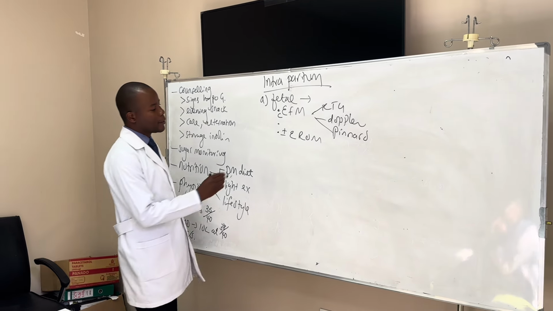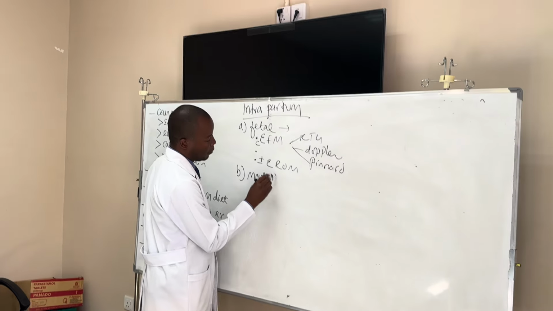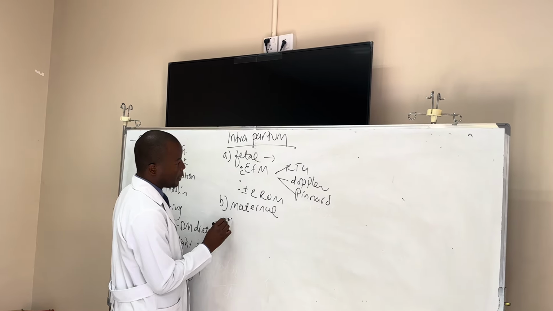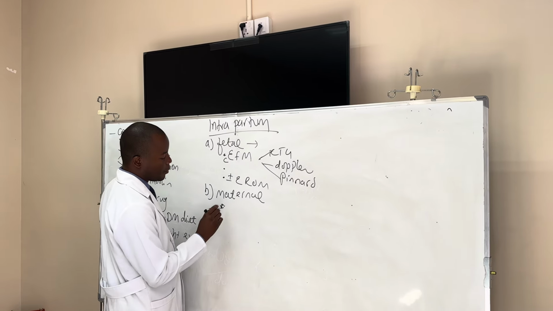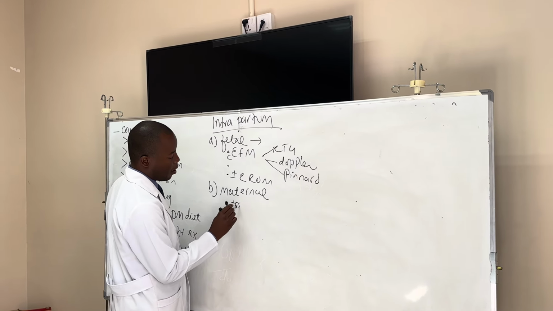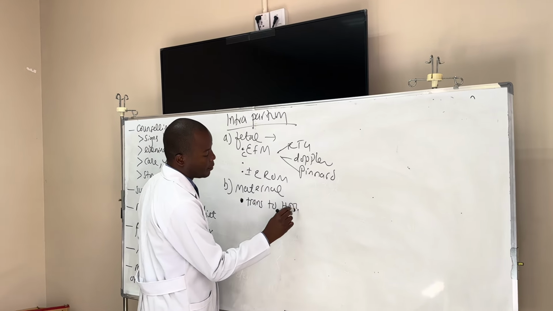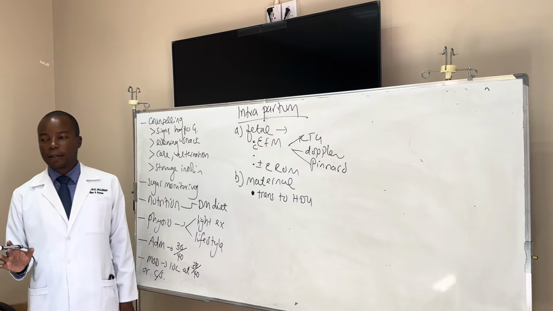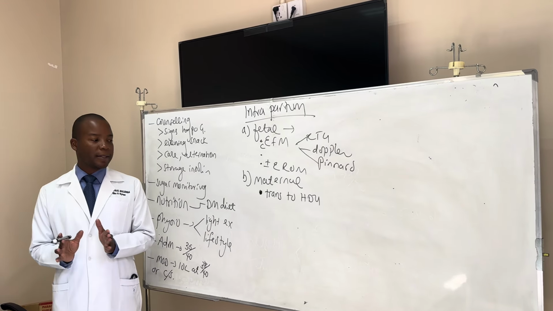Okay, what about maternal? The first thing that you are going to do is transfer patients to high dependence units. Not necessarily intensive care and not an acute bed, but a high dependence unit.